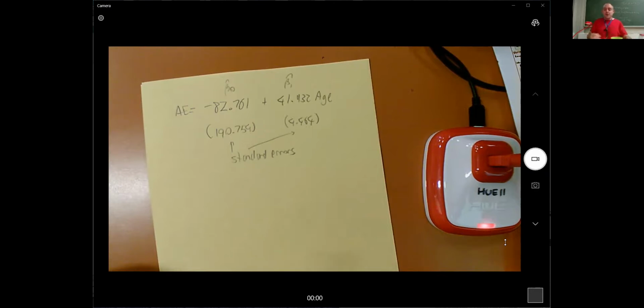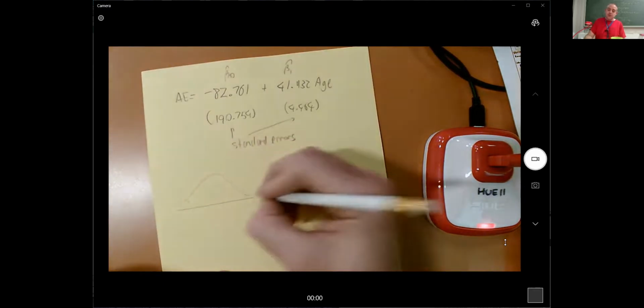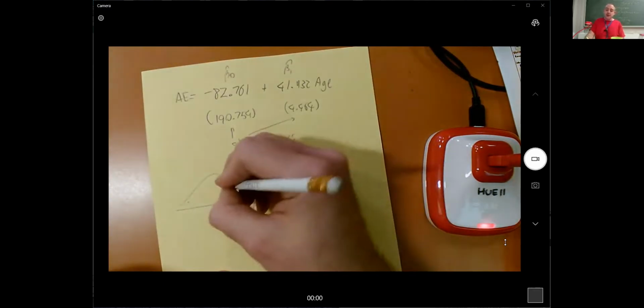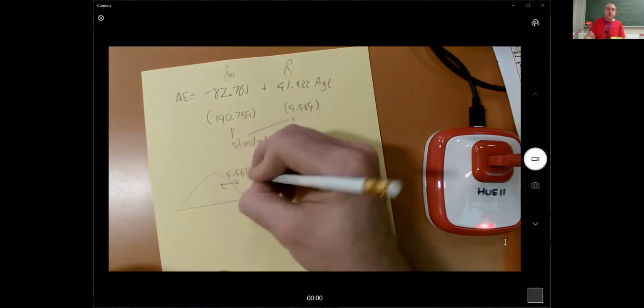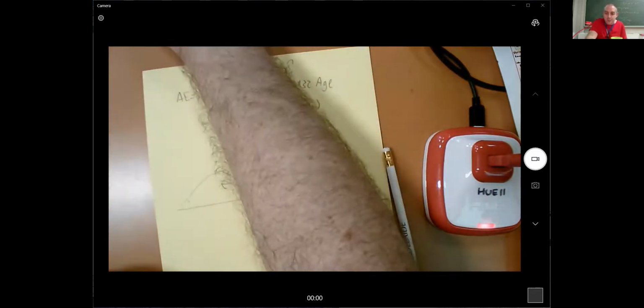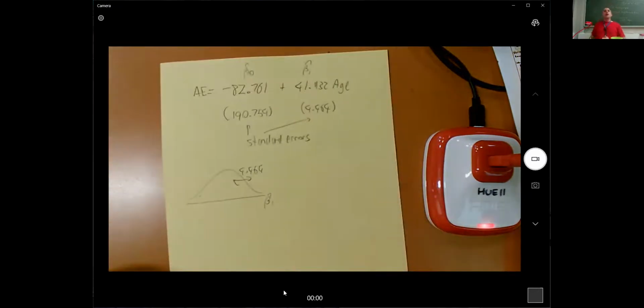What we're saying is approximately the distribution of all the possible beta 1 hats has a standard deviation of 4.464 or whatever it is. Cool.